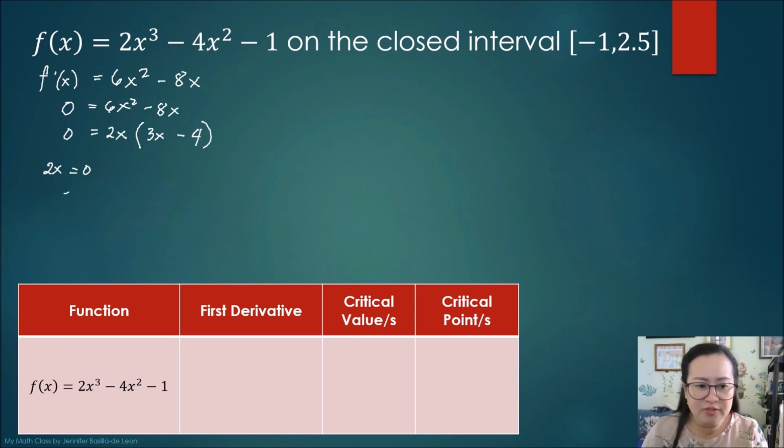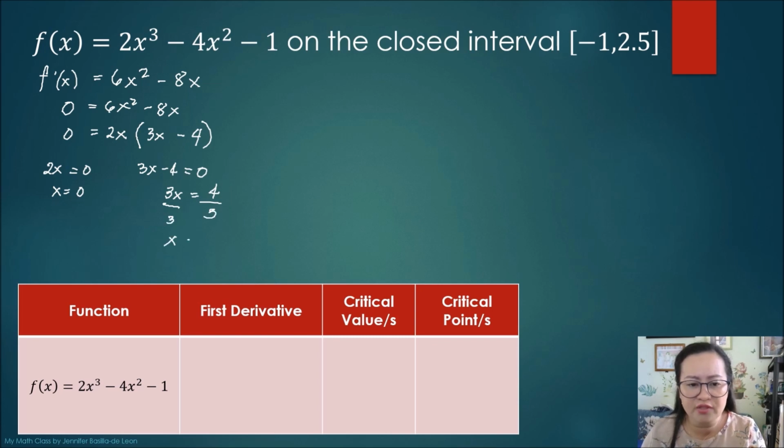So in 2x equals 0, we will have x equals 0. In 3x minus 4 equals 0, we transpose negative 4 to the right side, we have positive 4, and then divide both sides by 3, so we will have x equals 4/3.